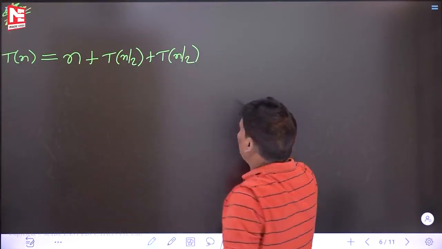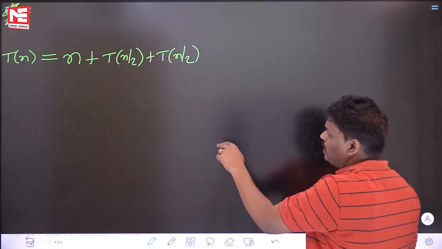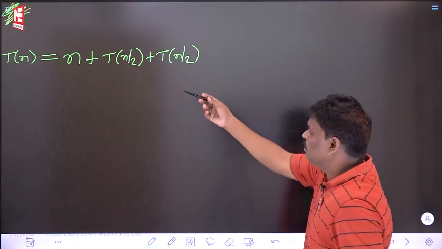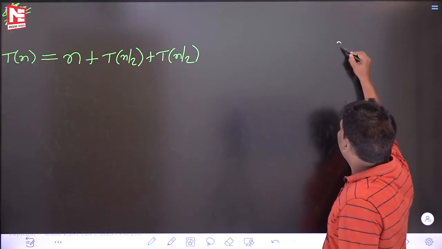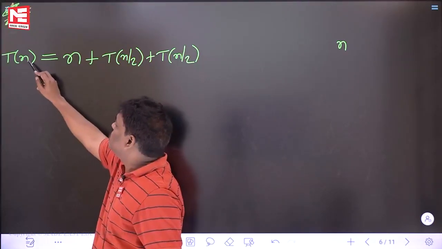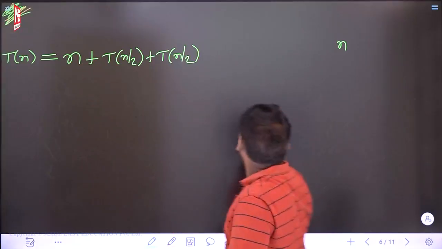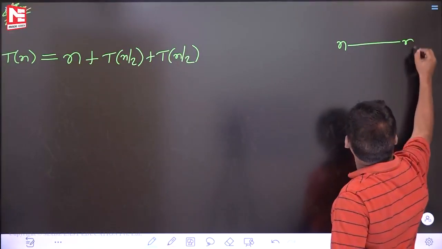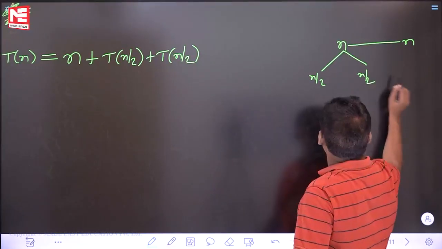Now, how will you solve this kind of recurrence relation? More than one recursive call is there, so use the recursive tree method. Let me do the recursive tree method roughly. You know very well: n elements will take n time. Divide into 2 parts, n by 2, n by 2.